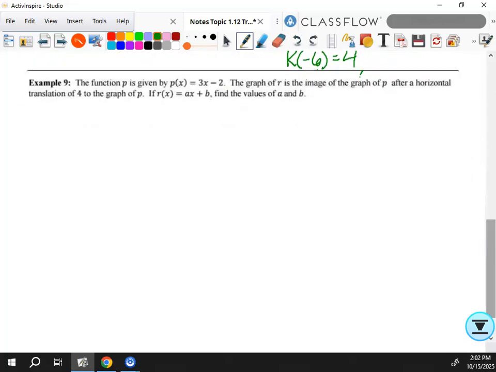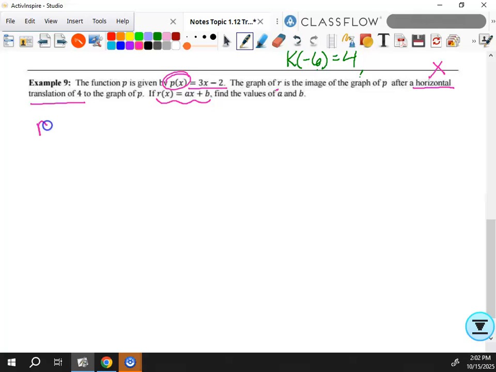Example 9. The function p is given by this. So there's p of x. The graph of R is the image of P after a horizontal translation of 4. And then here's my little generic form that I need to find A and B. I only have one transformation, and that's a horizontal transformation. That affects X. That means I have to apply that to X before I multiply by 3.